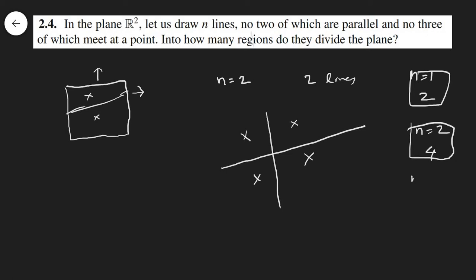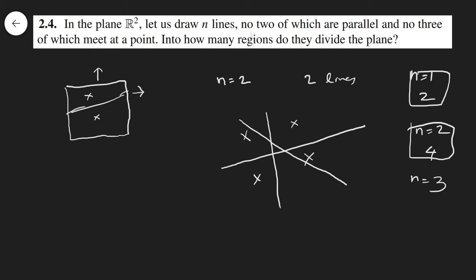So what happens when n equals 3? We can't draw any line parallel to these lines, and it cannot pass through the intersection point of the other two. So let us say we draw like this. So this line satisfies all the conditions.